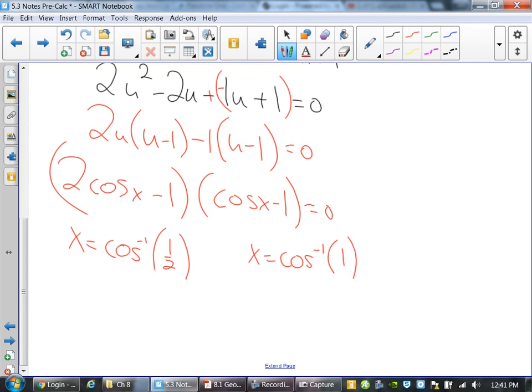Where are your angles? Well, there's only one positive. Oh, right, this one. So what's the answer? Cosine 1. No. What angle has a cosine of 1?